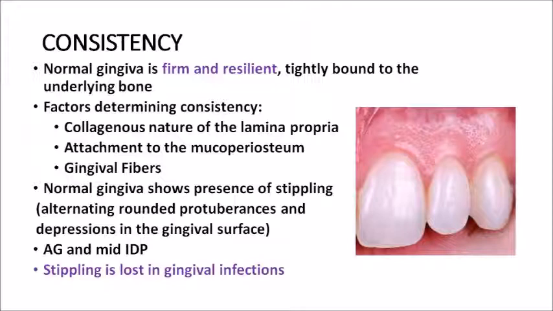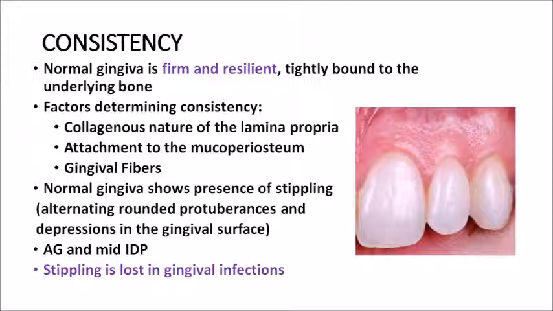So one school of thought is that these rounded protuberances and depressions cause the stippling. And one more explanation is that the gingival fibers are firmly attached to the underlying periosteum, so because of the pull of the fibers, the stippling would have occurred. Anyway, the alternating rounded protuberances and depressions is the more accepted theory.